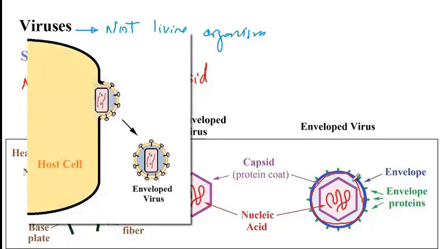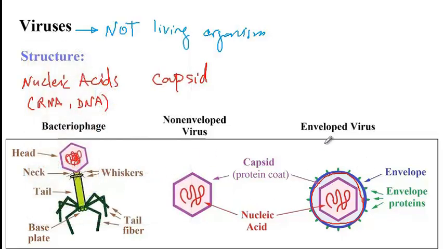So when the cell is lysed and the particles are released, they pick up some of the membrane from the cell and they use it to enclose their capsid. And so that's the difference between enveloped viruses and non-enveloped viruses. Non-enveloped viruses have only a capsid around their nucleic material, versus enveloped viruses have a membrane that is surrounding the capsid.